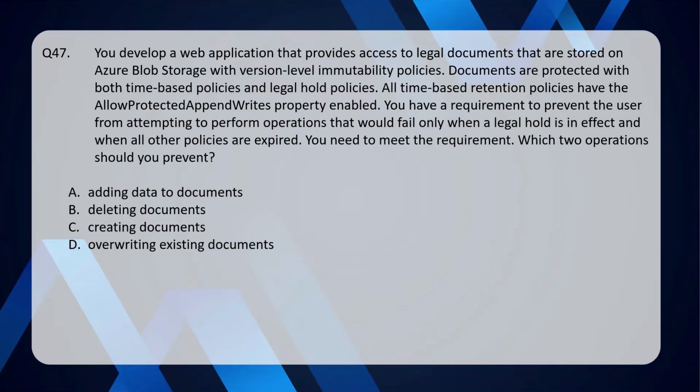You have a requirement to prevent the user from attempting to perform operations that would fail only when a legal hold is in effect and when all other policies are expired. You need to meet the requirement. Which two operations should you prevent? Your options are adding data to documents, deleting documents, creating documents, overwriting existing documents.